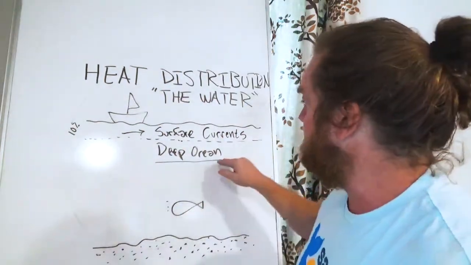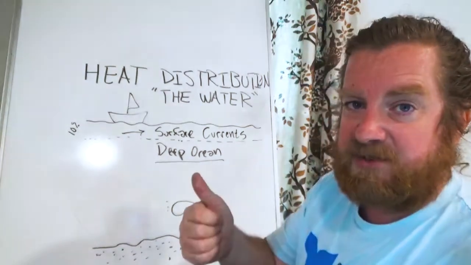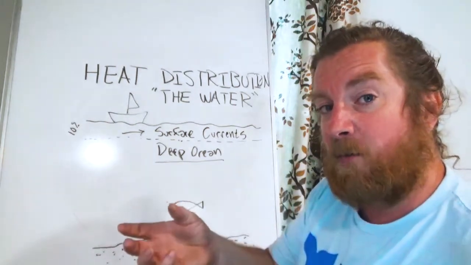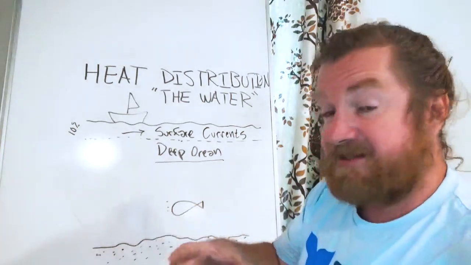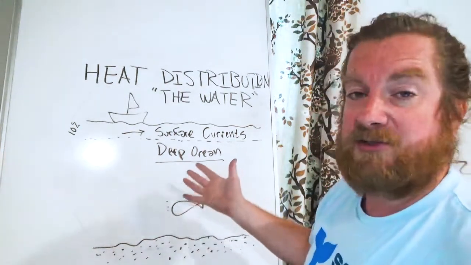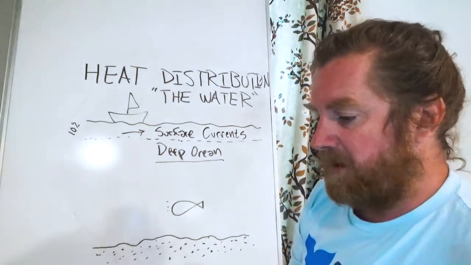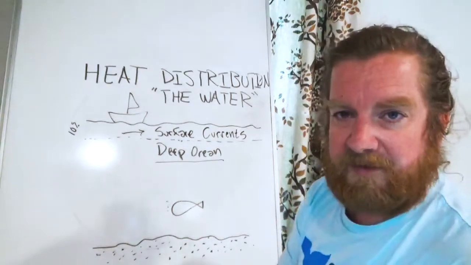And what this has to do with is changes in a couple of different things. Changes in temperature can affect the density of water. Cold water is more dense than warmer water, and also salinity. Saltier water, because we're talking about the oceans here, will sink, whereas water that's less salty will rise. So what does that all mean?